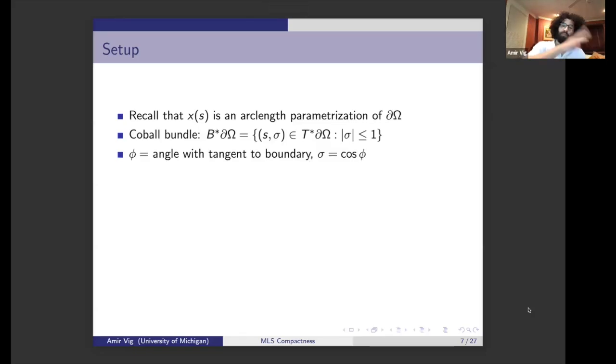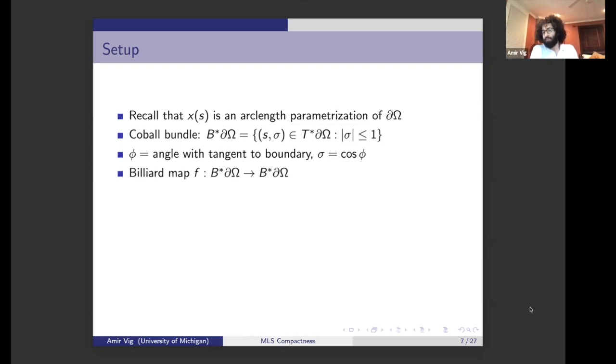And if you recall in our picture on slide 1, phi is the angle made between a link and the tangent line to the boundary. Okay. So if we're looking at covectors which have magnitude less than 1, then we can set sigma to be cosine of phi. So this is some number between plus and minus 1. And you can think about it as being the tangential projection of this covector, which points inward from the boundary.